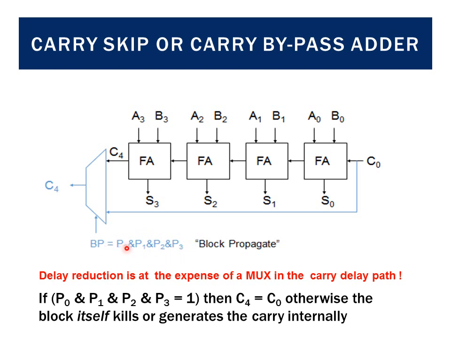The input is from P0, P1, P2, P3. The more the number of bits of an adder, the more the number of inputs there would be to the AND gate, and that delay also needs to be considered, and this is the final output. And of course the delay reduction is at the expense of a mux in the carry delay path.